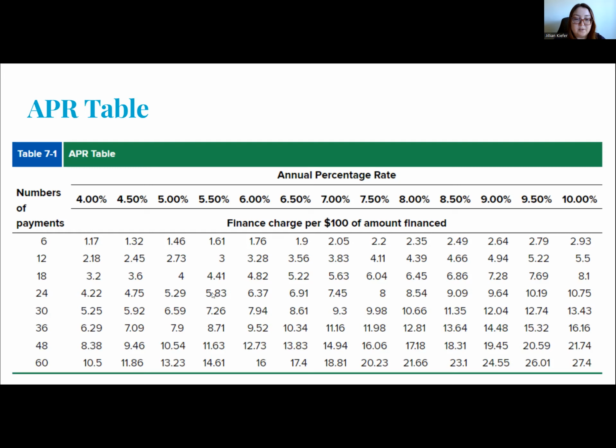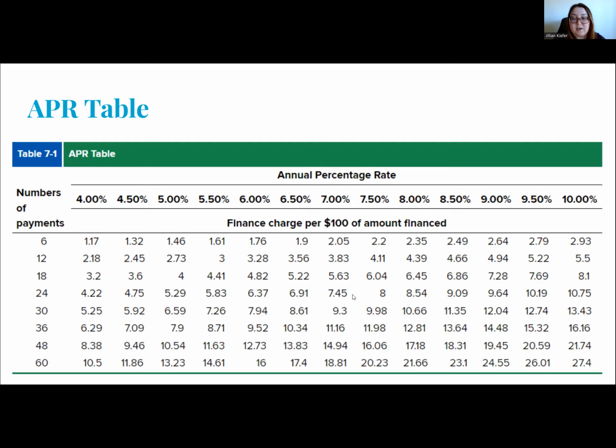So we follow down our row here for 24. We're in the $4, $5, $6. Here's $7, and then it goes to $8. So between $7.45 and $8, we have the value $7.74, somewhere in between. So the values that we're going to use to find our annual percentage rate are between 7% and 7.5%.